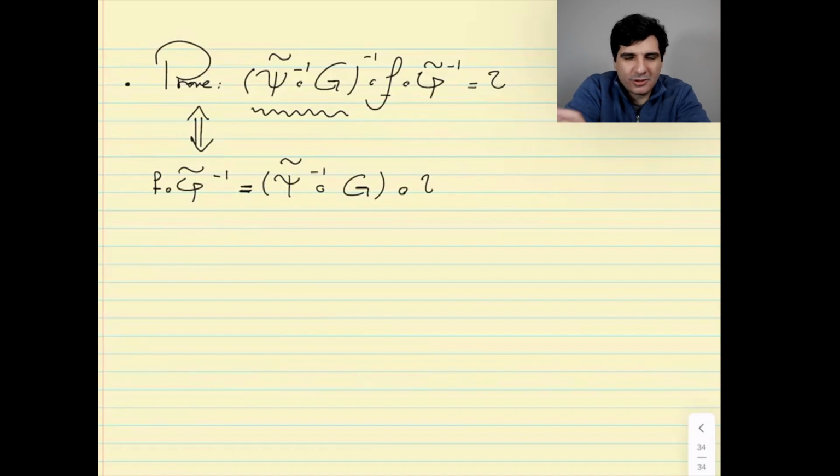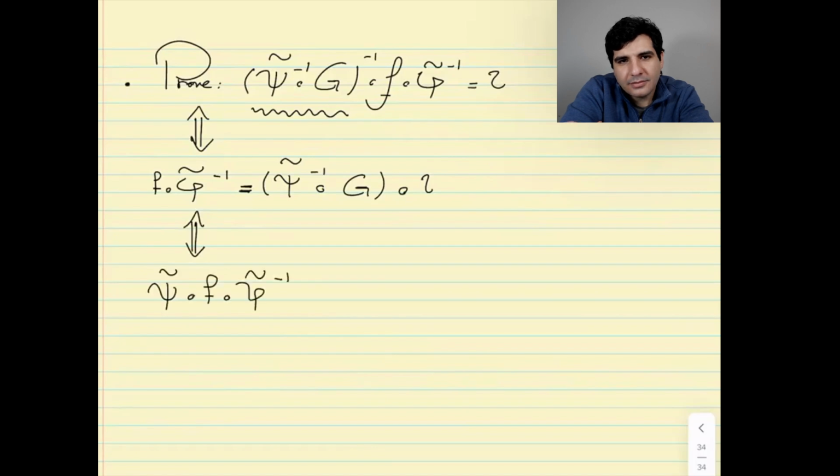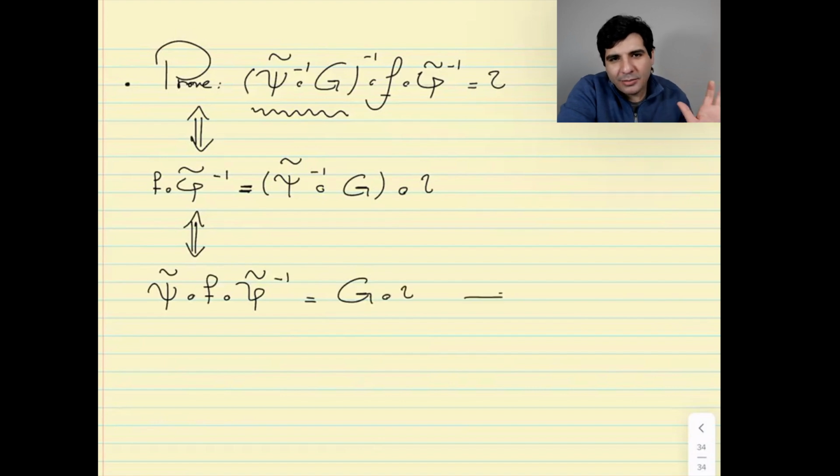So why is this one correct? Why is this one any easier? Well, look at psi tilde inverse. I can apply psi tilde from the left side again on both sides of the equation. I get psi tilde OF of phi tilde inverse equals G O iota.